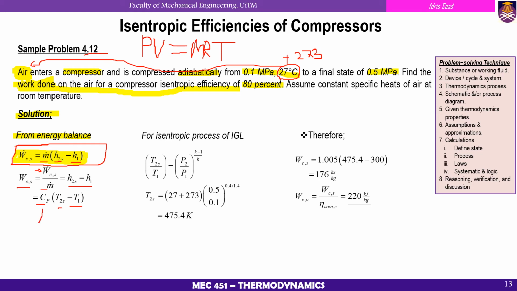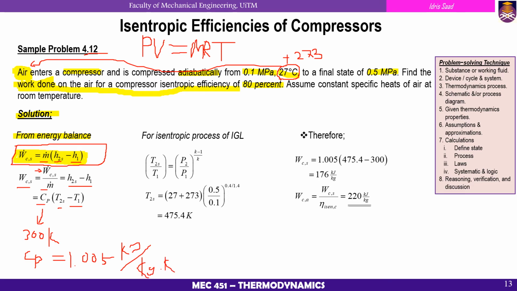We use the approximation method where we take Cp at 300 Kelvin. If you refer to the table, you can get Cp at 300 Kelvin is equal to 1.005 kilojoule per kilogram Kelvin.